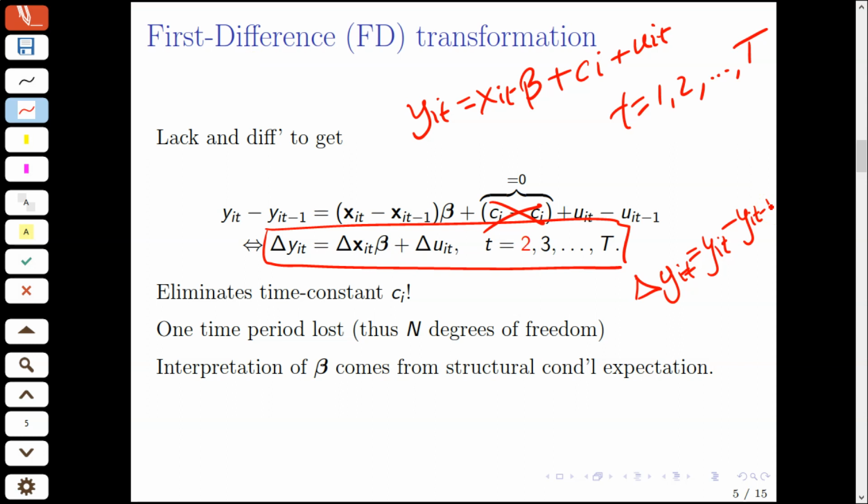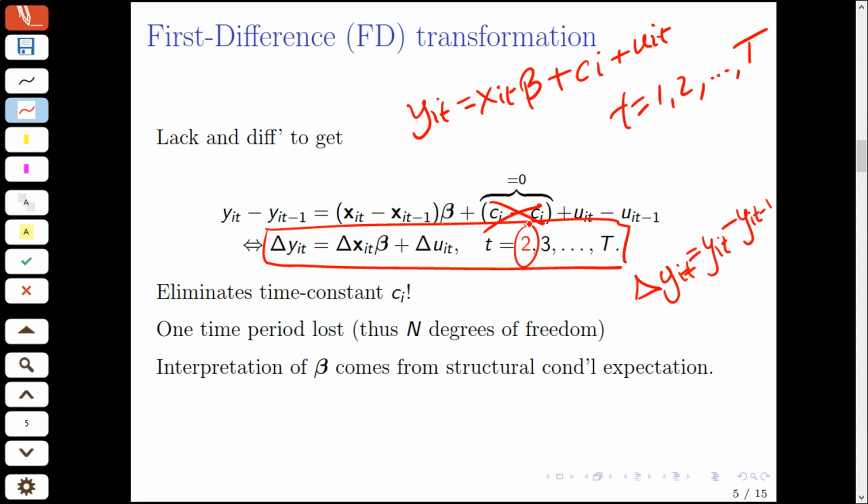Note that when we compute differences, since we don't have data for period 0, we can only compute differences in periods 2, 3, and all the way up to capital T, whatever that may be. That is, we lose one period of time.